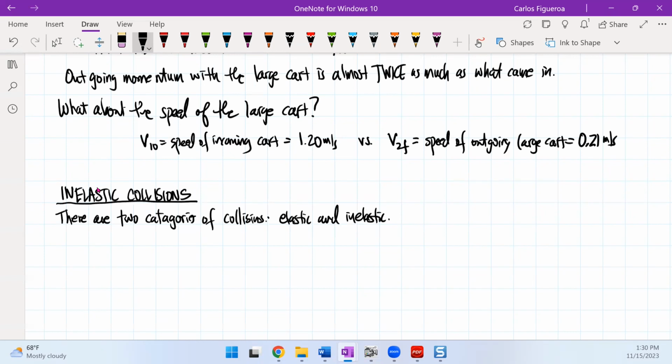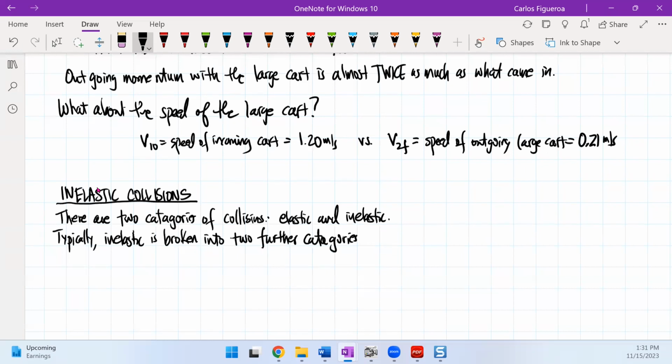And what you're going to find here is that typically inelastic is broken into two further categories. And it turns out that this one is typically the hardest one, believe it or not.